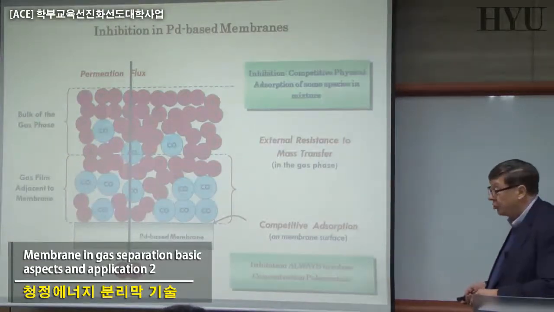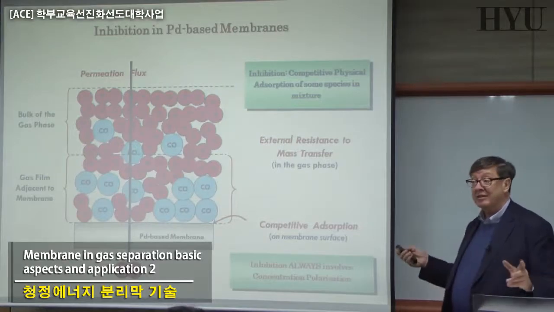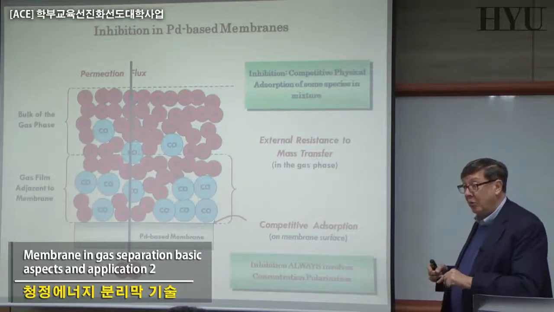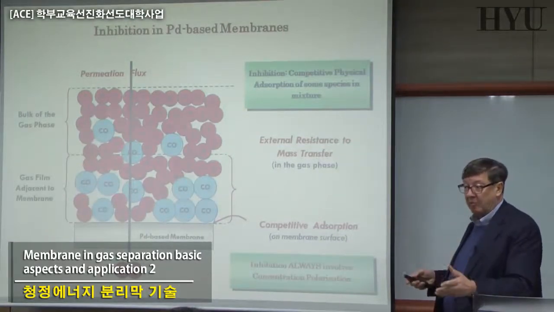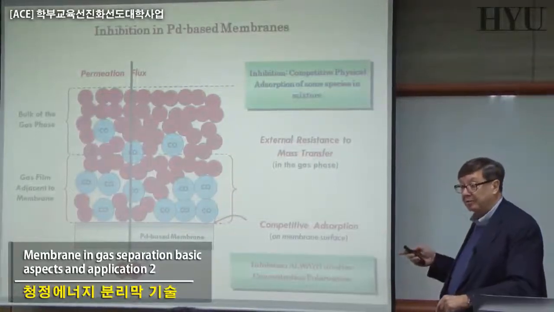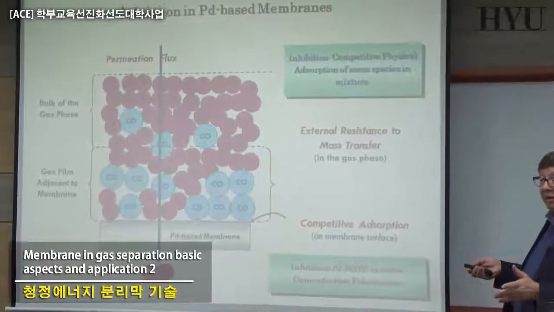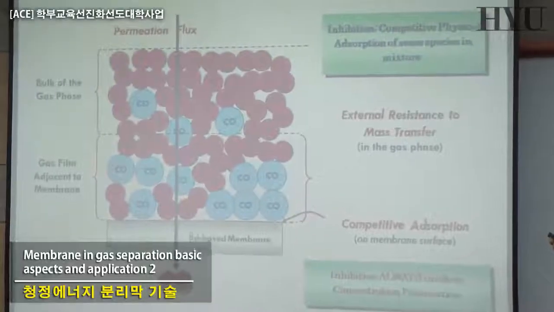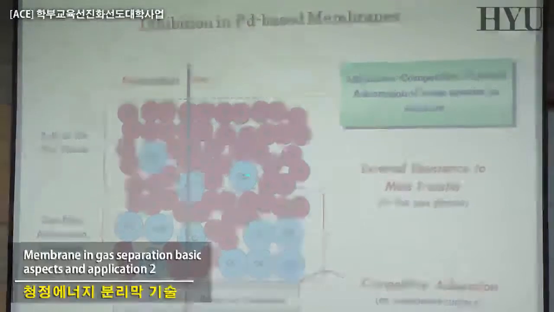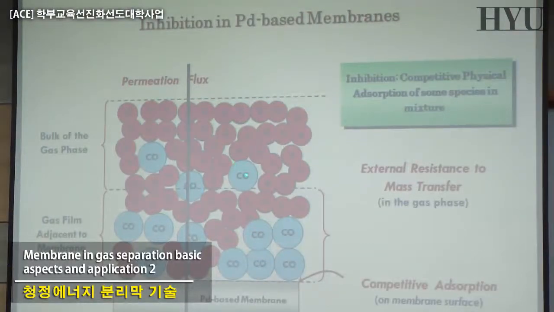The situation can be a little bit more complicated when you are working, for example, on the purification of hydrogen. I told you hydrogen does not exist free in the atmosphere. You have to produce hydrogen. And when you are producing hydrogen, for example, through steam reforming, together with hydrogen you are producing CO. And CO is always present. One of the applications of this palladium membrane is just to separate the hydrogen from CO. The reason is that CO is a big poison for the catalysts that are used in the fuel cell.